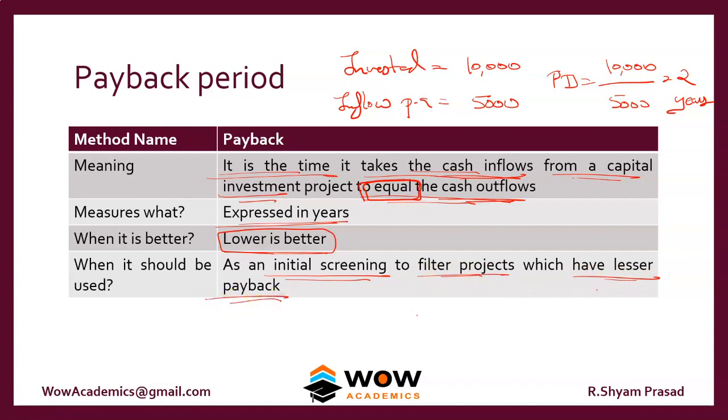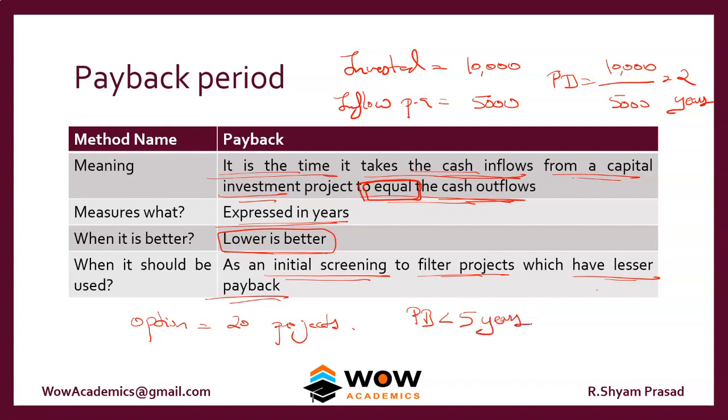So assume that a company is evaluating which project to invest in. They have an option of 20 projects. See, for all 20 projects we can't do a detailed analysis. So initially the company says, let's select all projects which have a payback of less than 5 years.